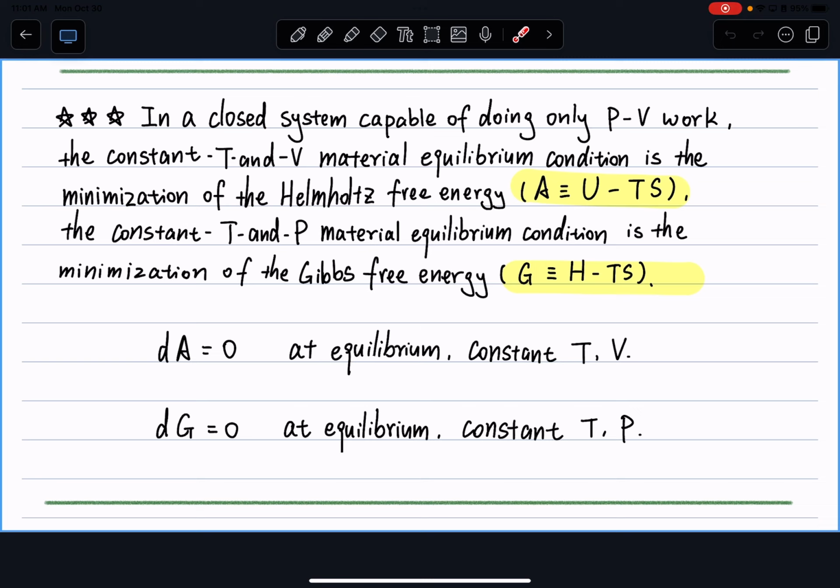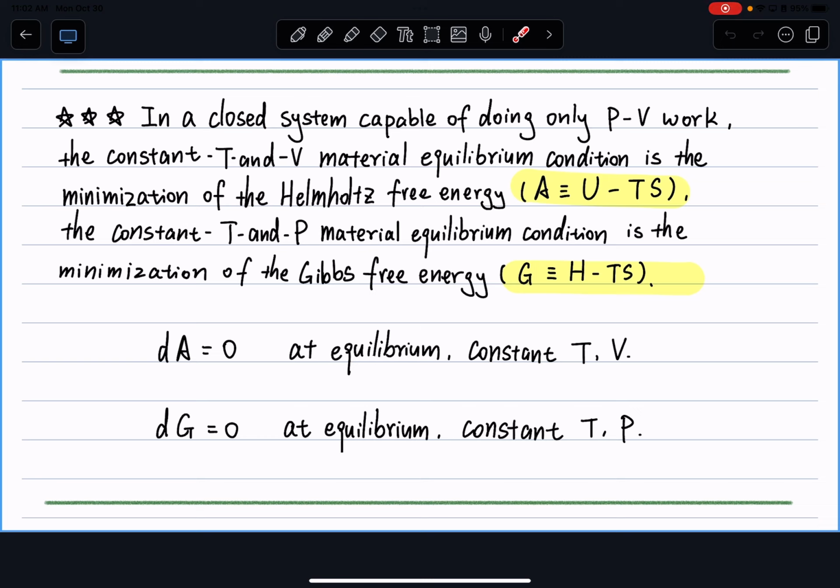For example, in our last lecture, we made the connection between chemical equilibrium and two new state functions: the Helmholtz free energy, A, defined as U minus TS, and the Gibbs free energy, G, defined as enthalpy minus TS. We know entropy is maximized at equilibrium.